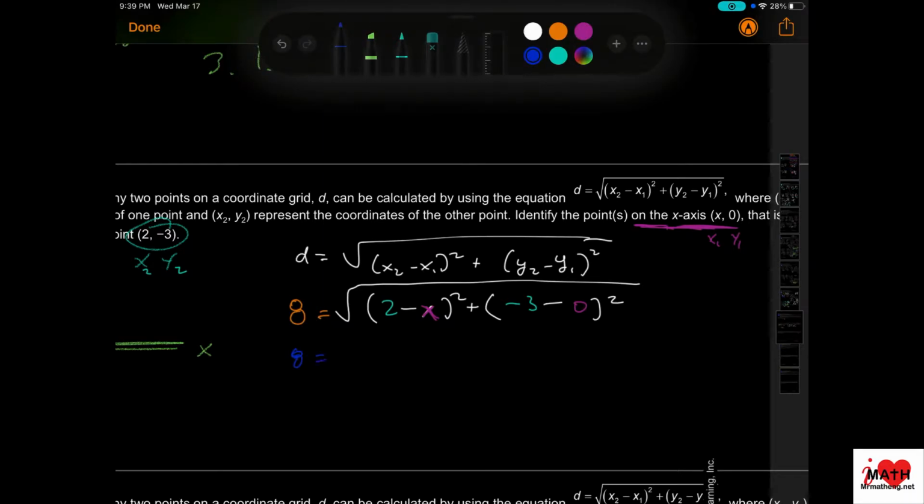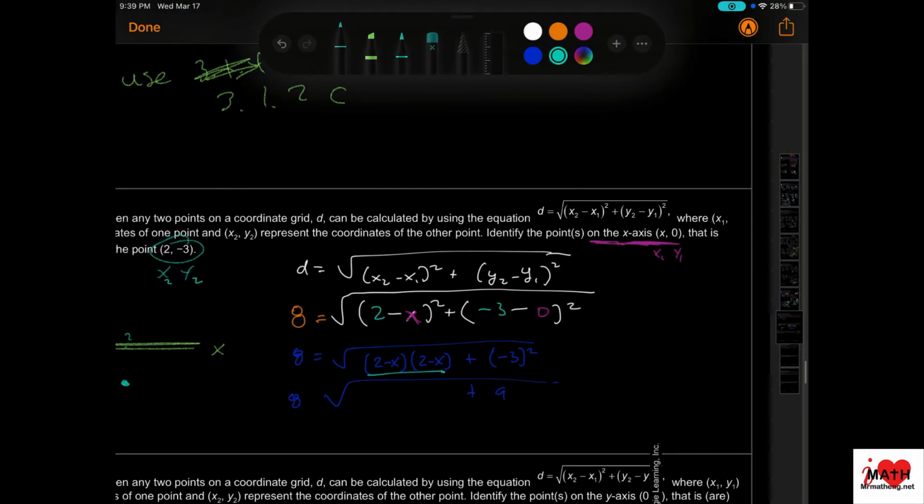So 8 equals the square root of 2 minus x squared. So this again is, we've been doing these quite a bit. And -3 minus 0 is -3, and -3 squared is 9. Okay, so I'm going to go ahead and multiply this one out over here.